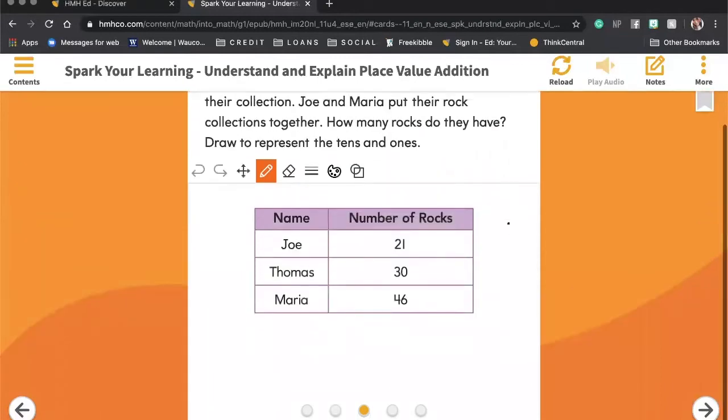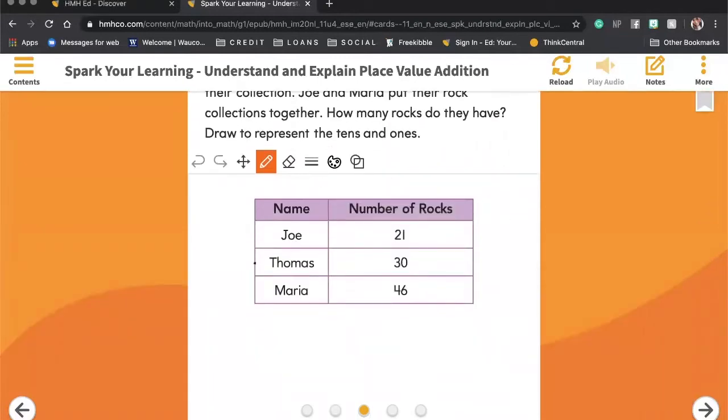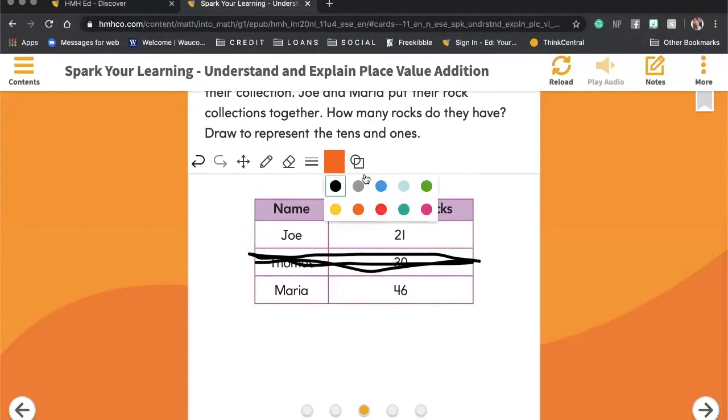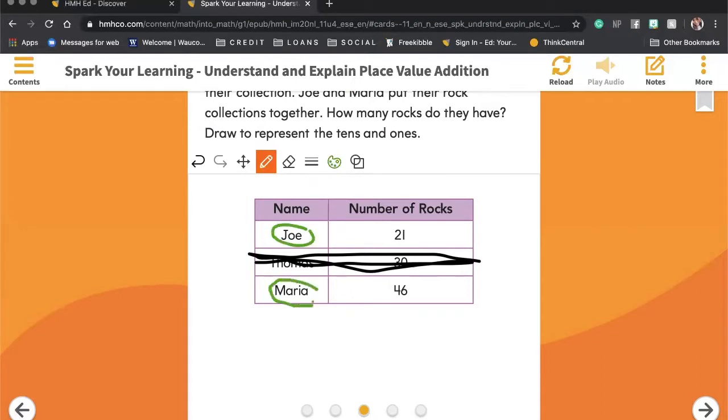So here's what we're going to do. We are going to cross off Thomas because we don't need to worry about how many rocks he has. All we need to focus on are Joe and Maria. So let's go ahead and take a look. Joe has 21 rocks.